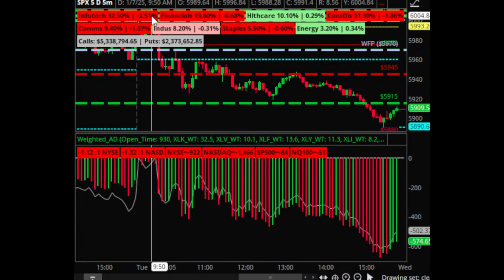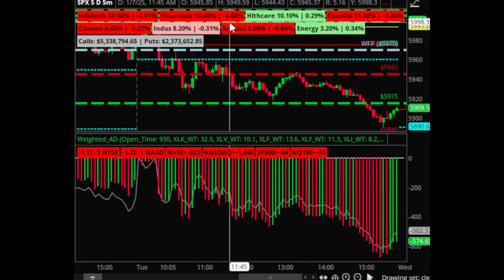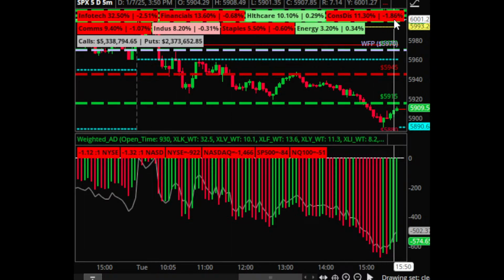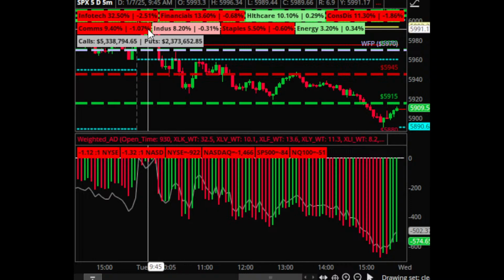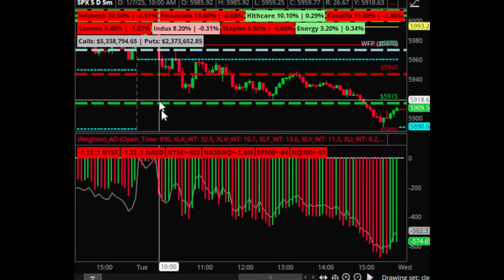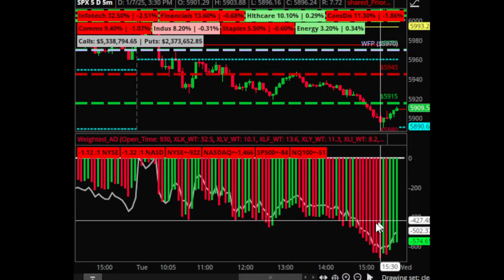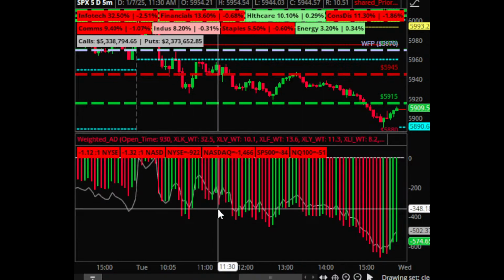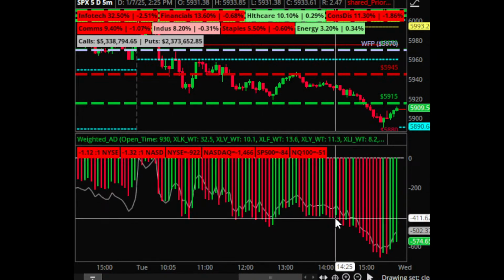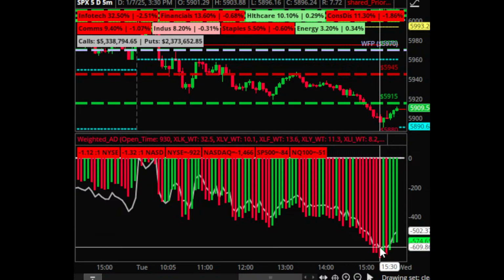However, look at technology, 2.51% negative from the open. Financials 0.68. Consumer discretionary down 1.86%. Communications down 1.07%. This is where this indicator is amazing because it just shows you the weakness of that market.